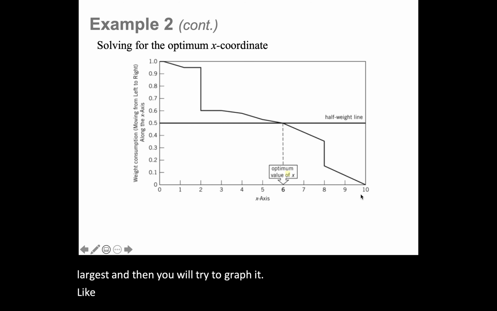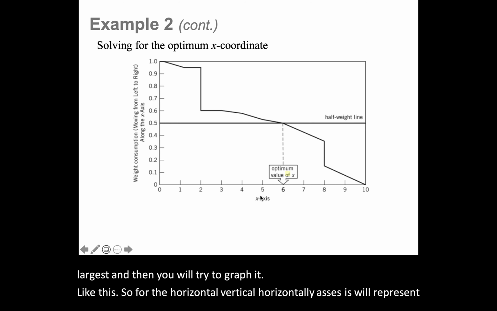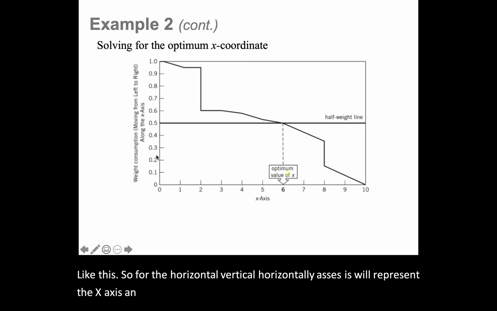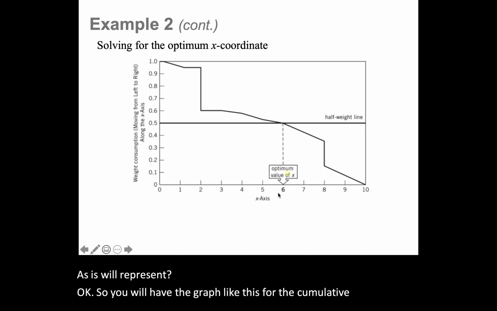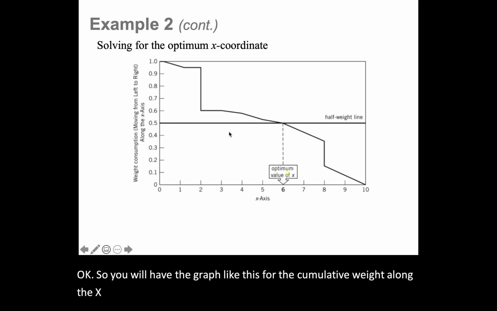The horizontal axis will represent the x-axis, and the vertical axis will represent the cumulative weight. Okay, so you will have the graph like this for the cumulative weight along the x-axis.